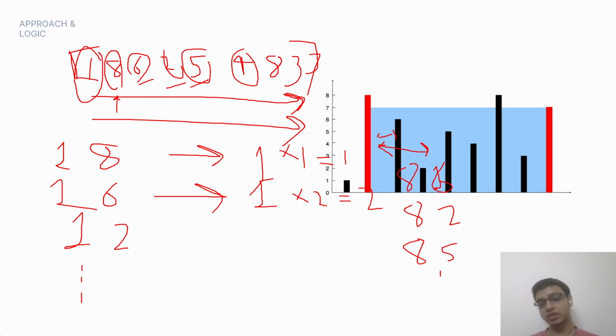But this takes so much time. We are traversing each and every element and checking the elements ahead for the area of water. So we are traversing each and every element, so big O of n time is there, and we are also traversing again to map with each element, like 8 mapping with every element, 1 mapping with every element.